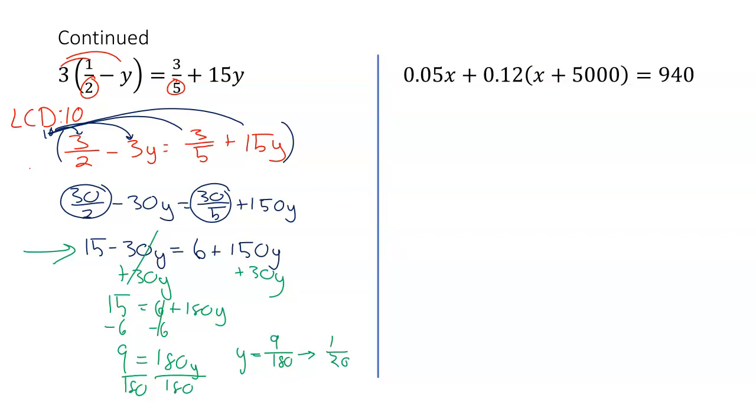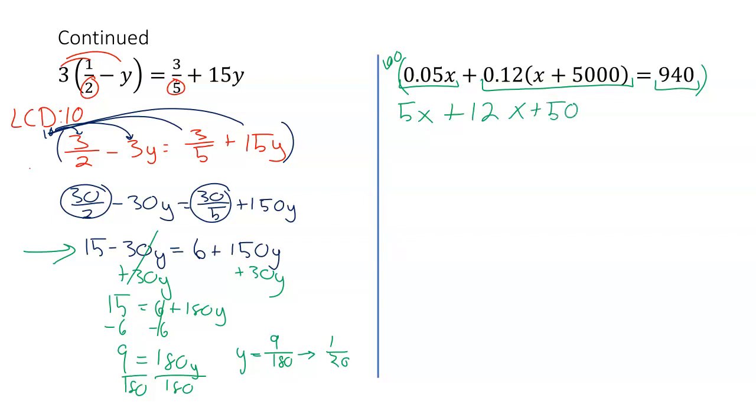Now, this one I did distributive property first before I multiplied. I'm going to show this one without doing distributive property first. It'll still work. Just note that this is a term. That is considered one term. And then this is a term. So we're going to multiply everything by 100. 100 times 0.05 is 5. 100 times 0.12 is 12.